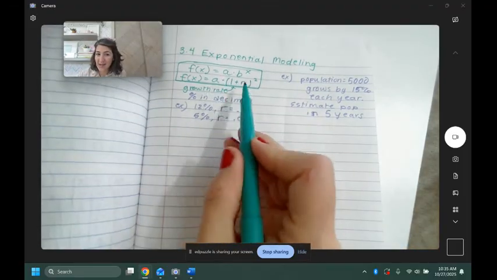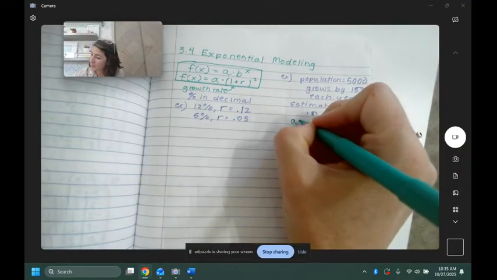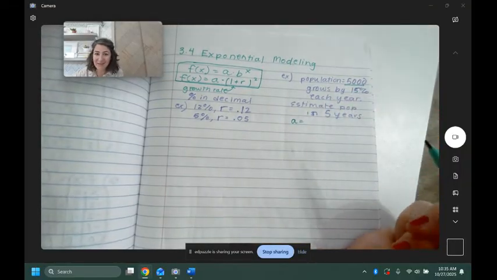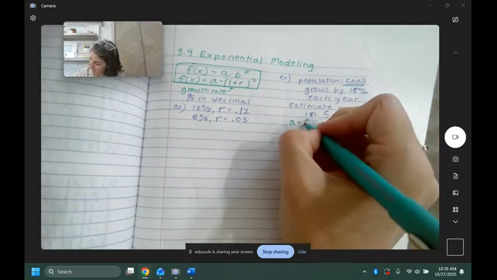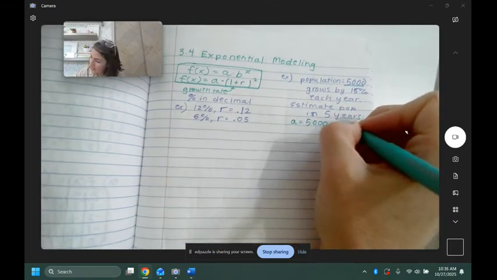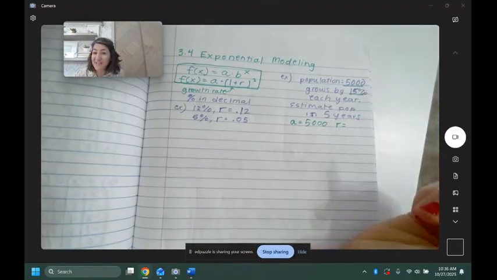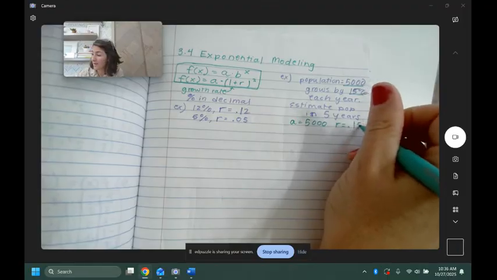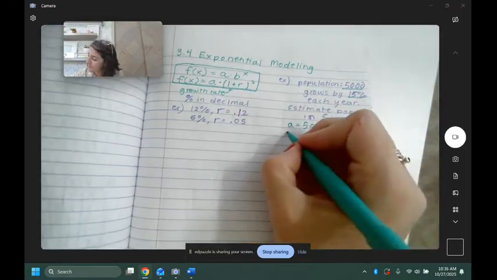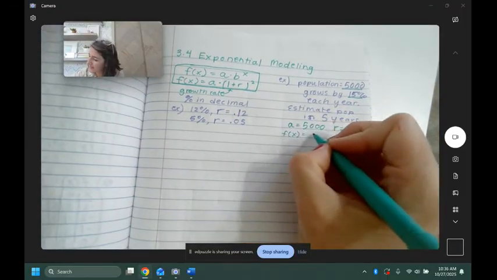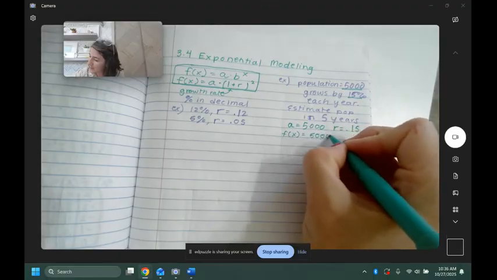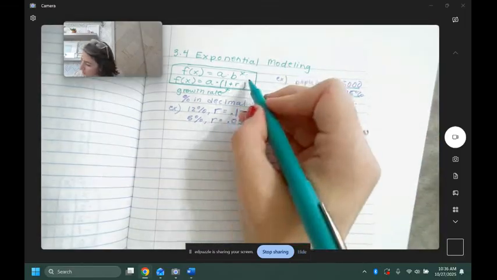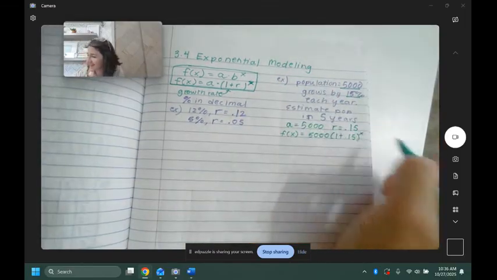Okay, so first I'm going to write my equation, right? We need an a and an r. So your initial population when we're starting this equation is going to be 5,000. And then your rate, 15% as a decimal is 0.15. So let's plug that in. f of x is 5,000 times 1 plus 0.15 to the x.